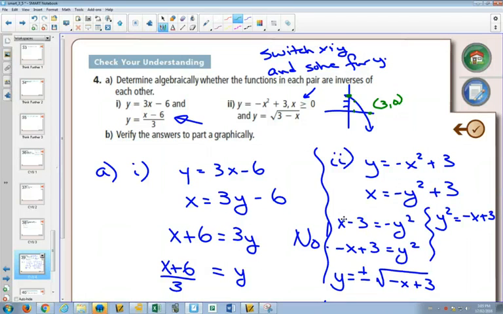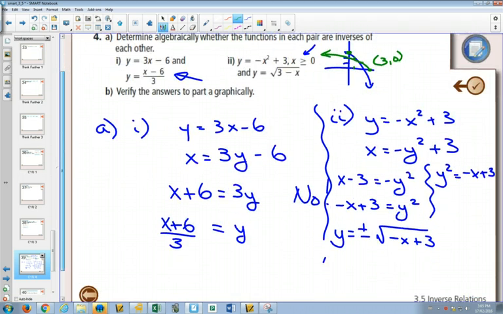That's going to go to (2, 1). Can you see that you have this as the inverse graph? The question from the graph is, is that the positive one or the negative one? It's going to be the positive one. So one way to solve it is to look at your graph and say that green graph has to be the positive one, the square root of negative x plus 3.